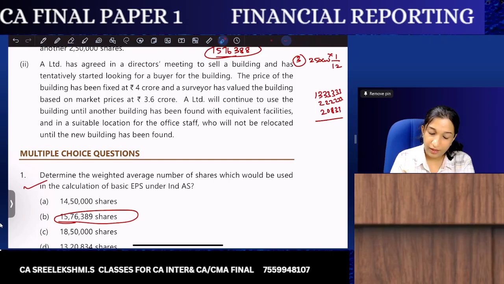Now, A Limited has agreed in a directors meeting to sell a building and has tentatively started looking for a buyer. The price of the building has been fixed at 4 crore and a surveyor has valued the building at 3.6 crores. A Limited will continue to use the building until another building has been found with equivalent facilities and in a suitable location for the office staff, who will not be relocated until the new building has been found.